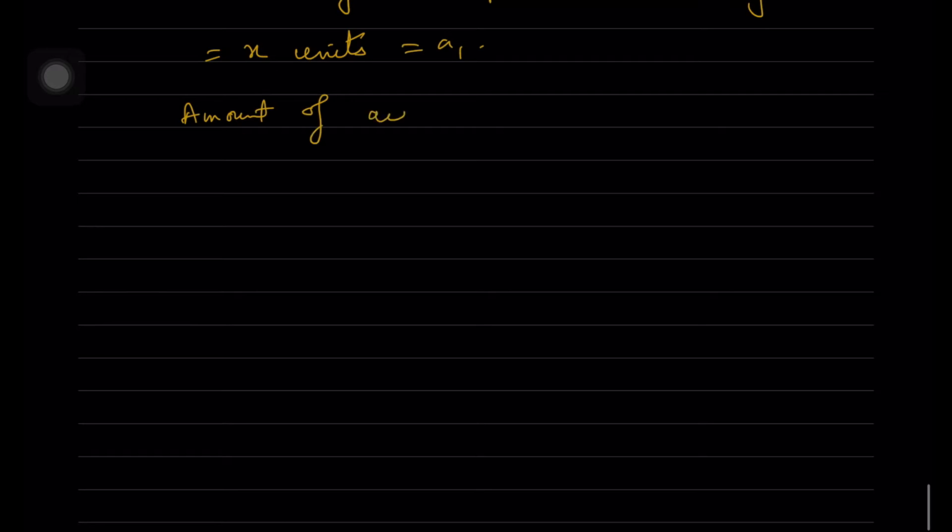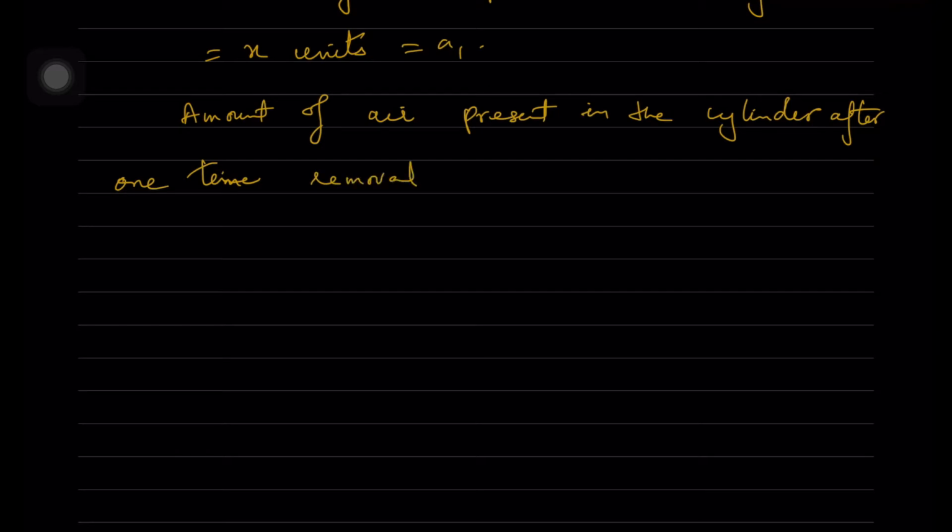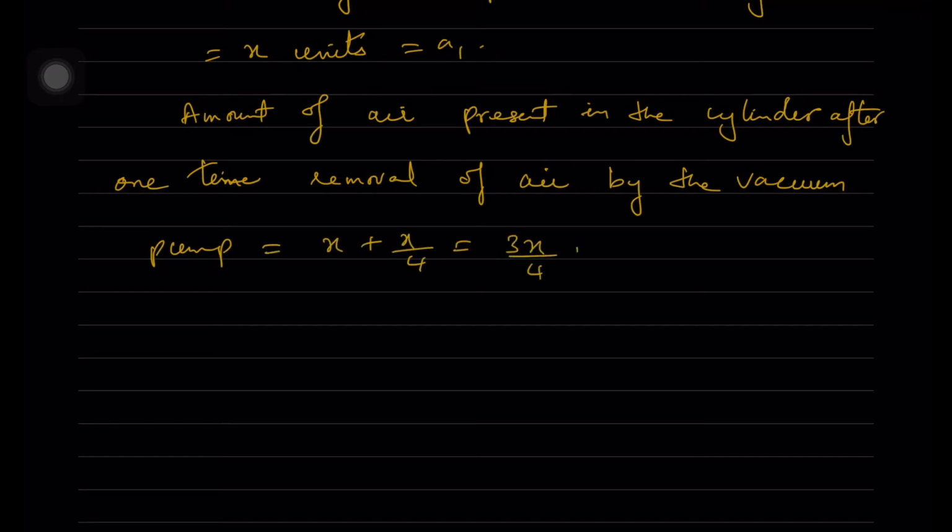Amount of air present in the cylinder after one time removal of air by the vacuum pump is equal to x minus x by 4, which is equal to 3x by 4 units, which is equal to A2.